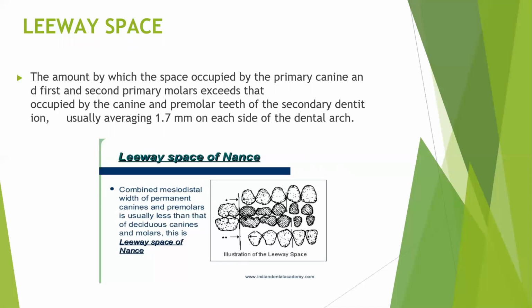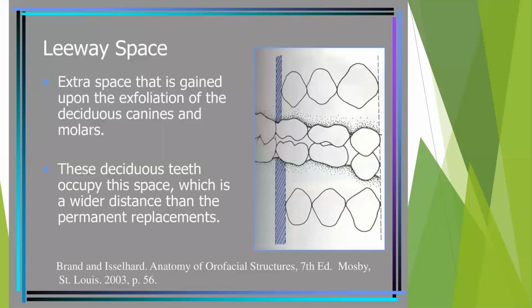It is this leeway space that helps us with the crowding that may be prevalent in the dentition. Leeway space is that extra space gained upon the exfoliation of the deciduous canines and molars. These deciduous teeth occupy a wider distance than the permanent replacements.